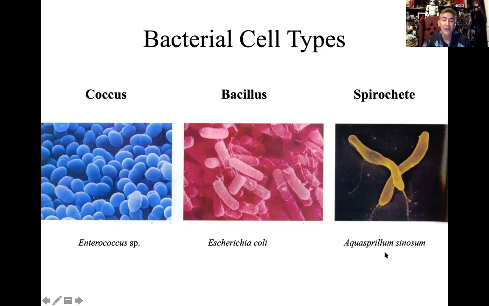So just giving you a little insight as to how these names come about. The names do make sense if we speak the Latin or the Greek languages. If you just speak English, these are just crazy sounding names without any context to them. But again, just trying to emphasize the names coccus, bacillus, and spirochete. Plural, cocci, bacilli, and spirochetes.